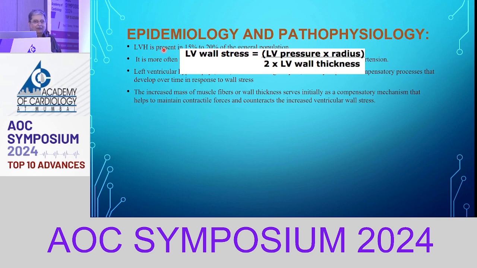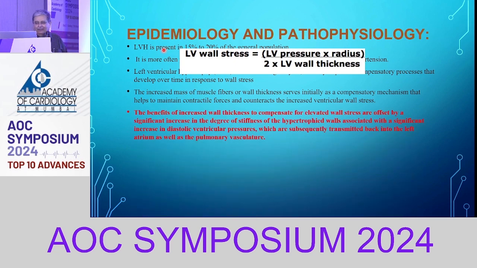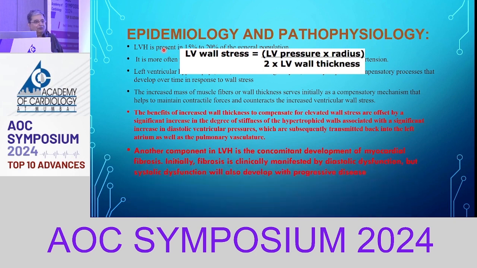Wall stress reduces, the oxygen consumption comes down. This is nature's way of compensating. However, the advantages which we have gained from increasing the thickness are actually counteracted by worsening the diastolic function. Another thing that happens is fibrosis sets in, which eventually leads to a very bad stiff ventricle.